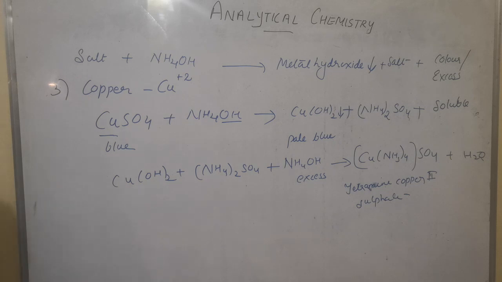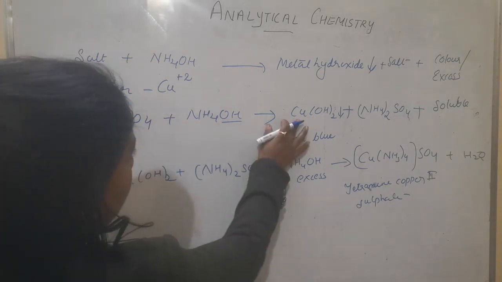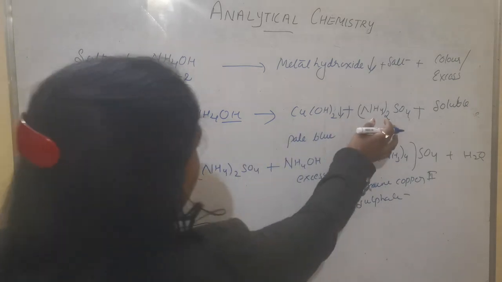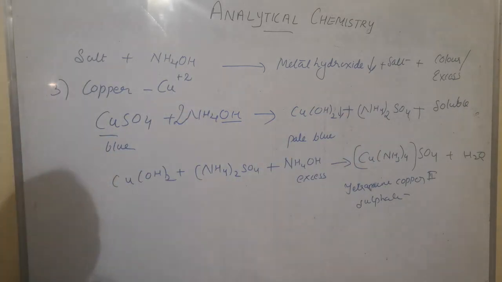We have to balance this equation. NH4: copper is 1, sulfate is 1, OH is 2, NH4 is 2, so we'll put 2 over here.